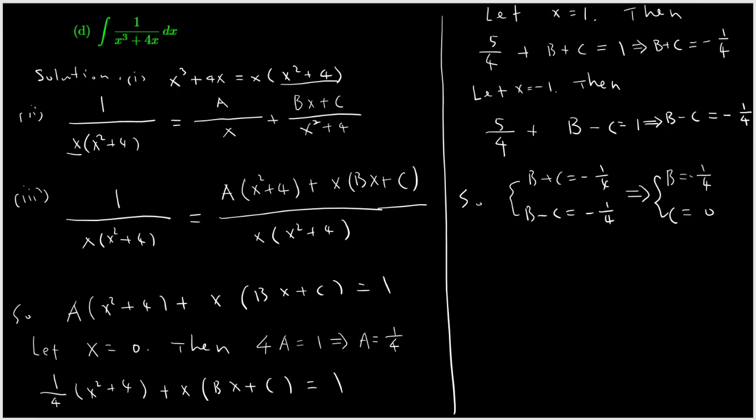So do you see that? I think all of you know how to solve a system like this. You add these two equations, you have 2b equals 2 times negative 1/4, so b is negative 1/4. And then you plug the b value of negative 1/4 into either equation, and you have c value of 0. I think I got this right.